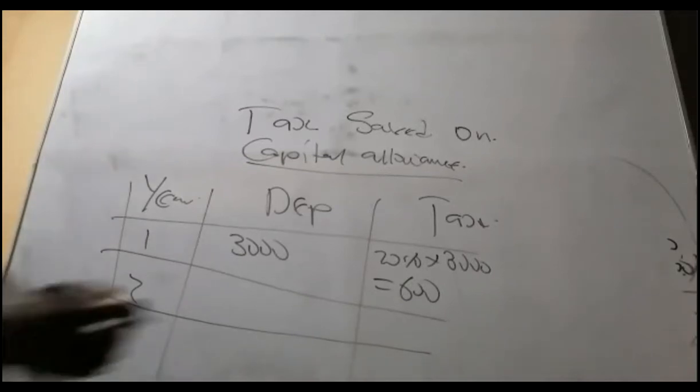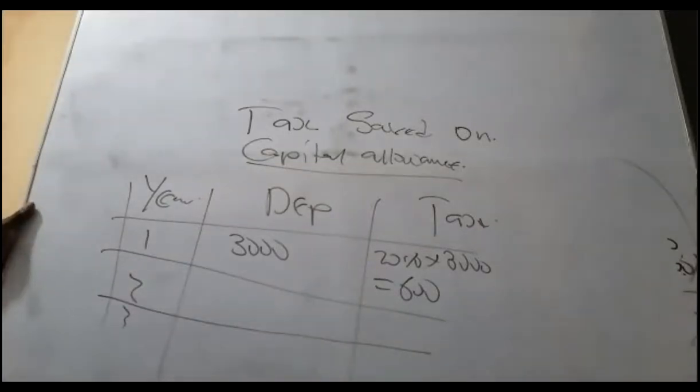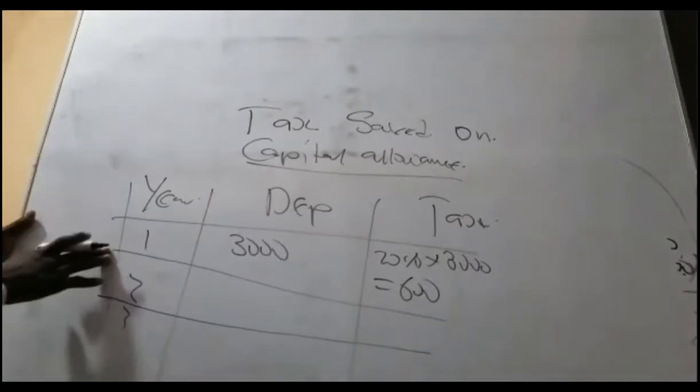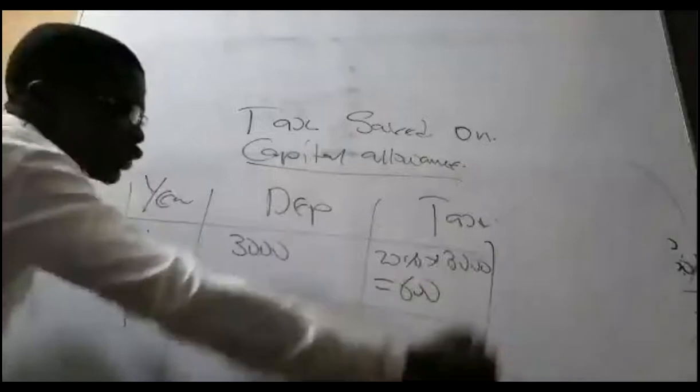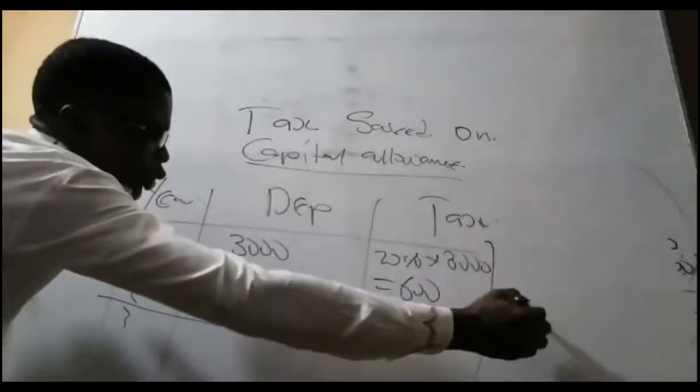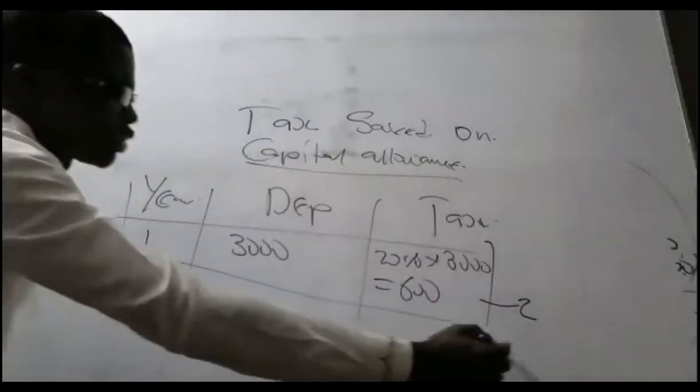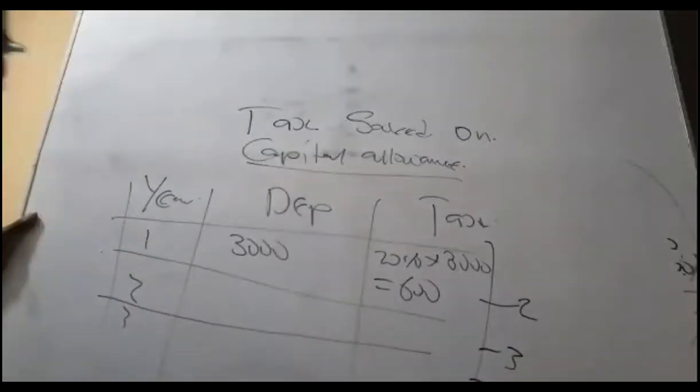So you can also claim the capital allowance 1 year in arrears. In that case, year one capital allowance will go to year two, this one goes to year three, and then year four, in that order. Great. So this is the end of the capital allowance.